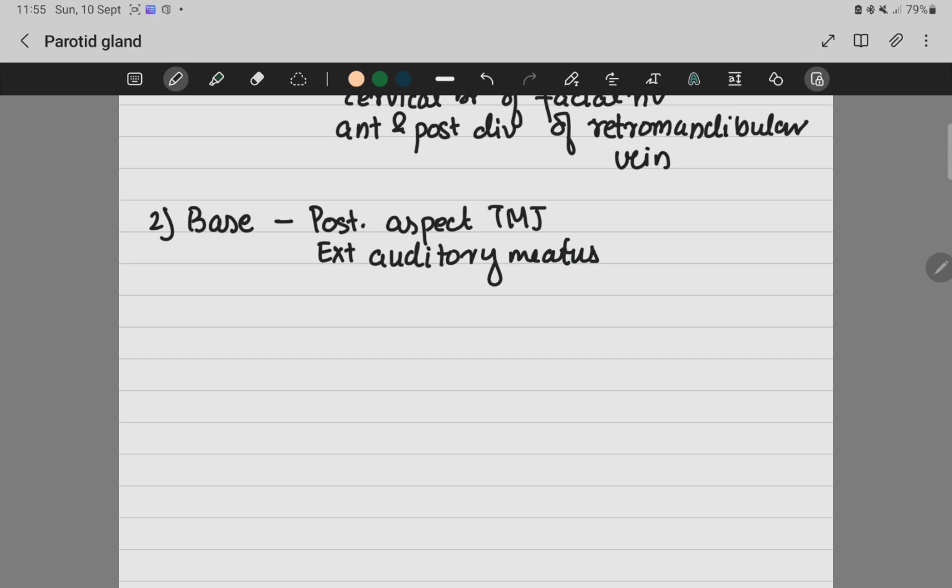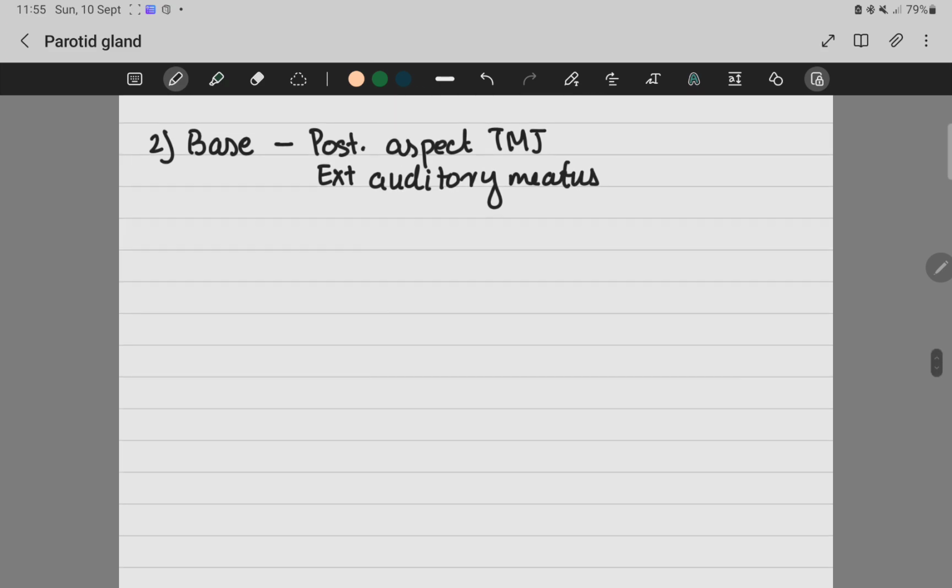And the external carotid, it's also related to the superficial temporal vein, and the auriculotemporal nerve.